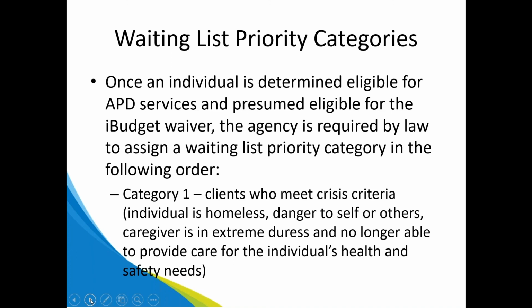The caregiver could be in extreme duress and no longer able to provide care for the individual and the individual's health and safety needs, and could include complaints of neglect, exploitation, or abuse, or that the applicant's current living environment is not safe for their health and safety.